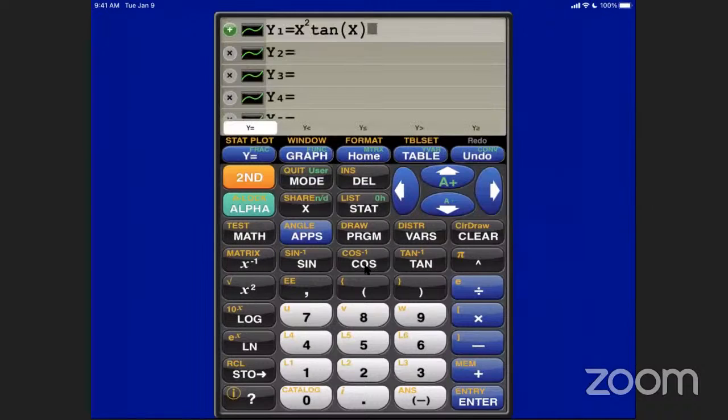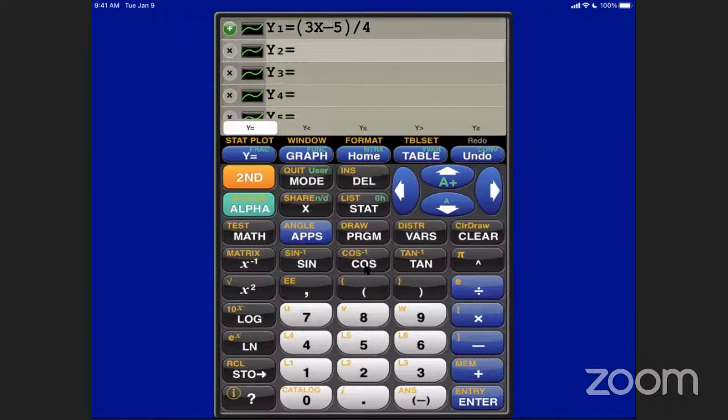so y equals, what was that first equation? 3x minus 5, I'm going to use parentheses, (3x minus 5) divided by 4. And the other equation that I got was (4x plus 5) divided by 3.